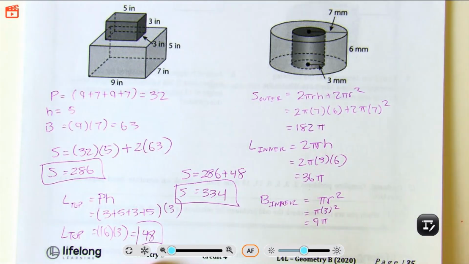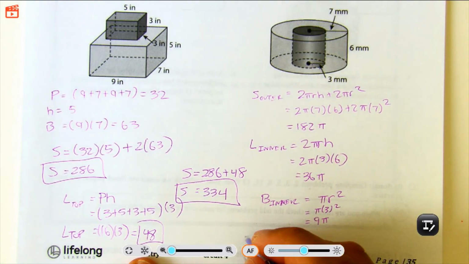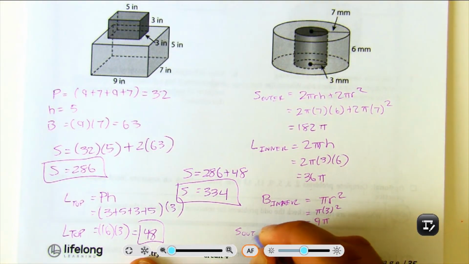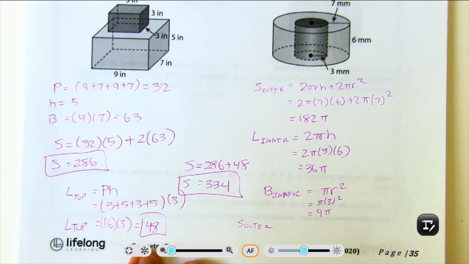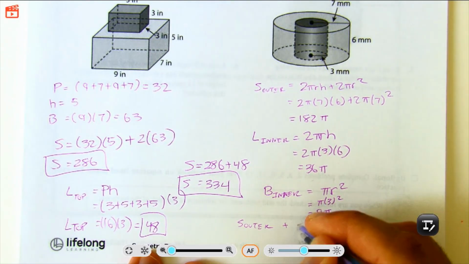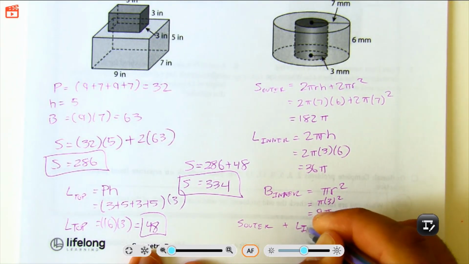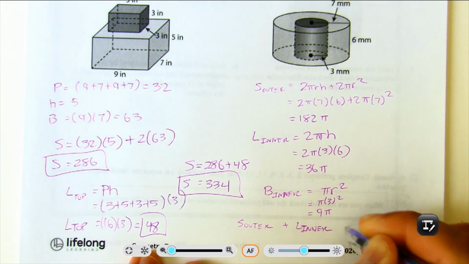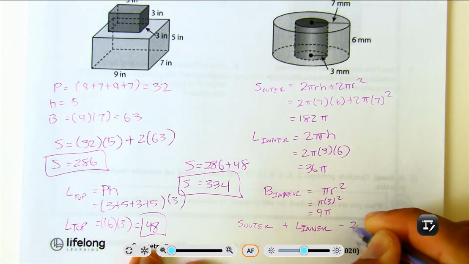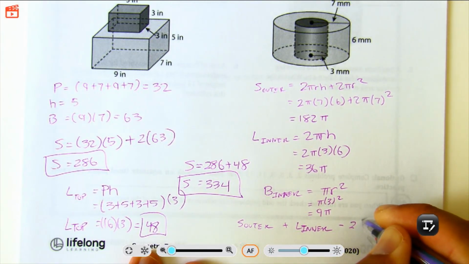So let me write it here. S outer plus the lateral area of the inner cylinder minus 2 times the area of the base of the inner.